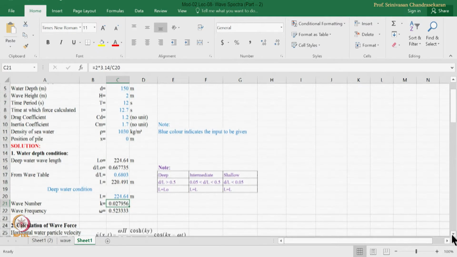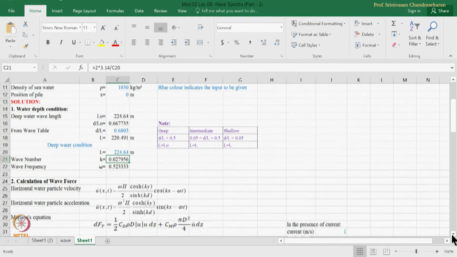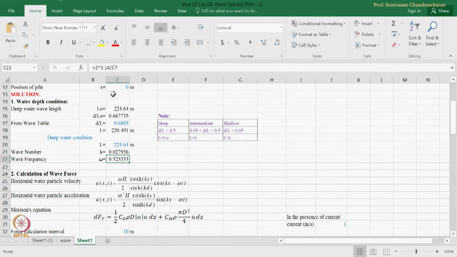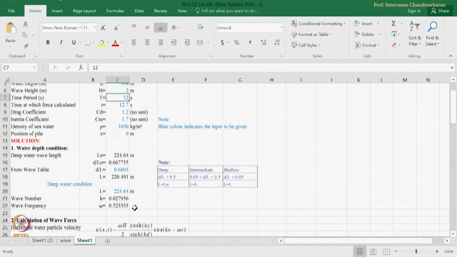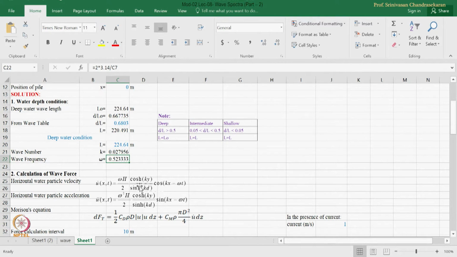So, it calculates the wave number, wave frequency is 2 pi by T0, C7 you can see here is wave period.